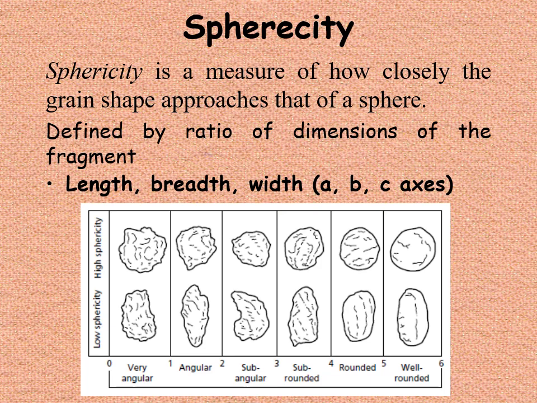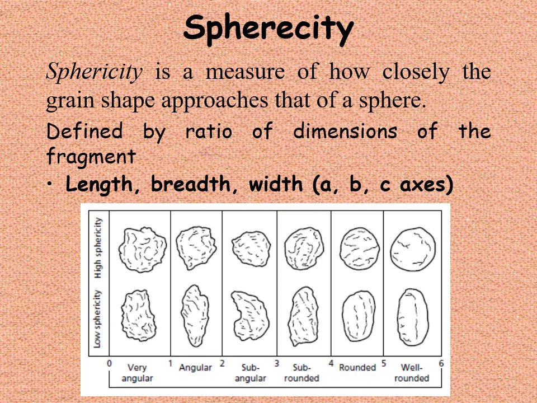So a grain may be well rounded. Look at these grains, the shape is almost a rugby ball, an elliptical grain. This grain is well rounded, but its sphericity is low.